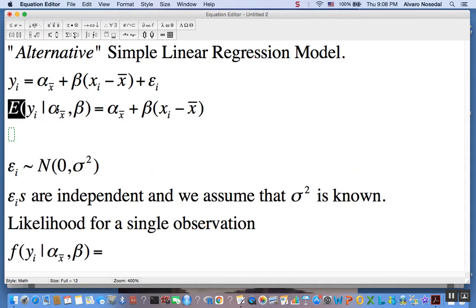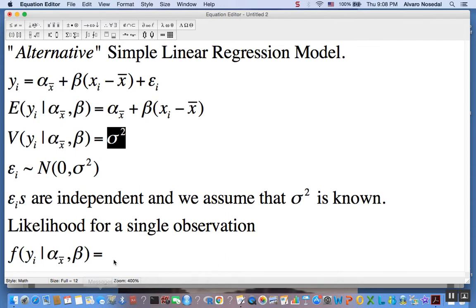And the variance of the yi's, if we're doing this for fixed values of alpha x bar and beta, then these would be constants, and we would have only the variance of epsilon i, so we would have sigma squared.